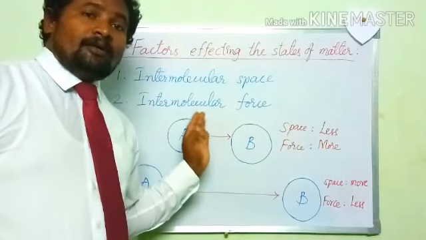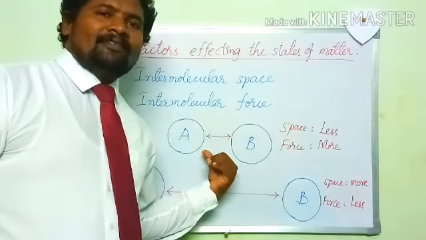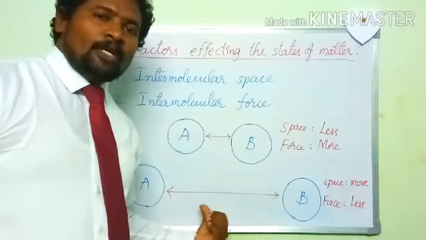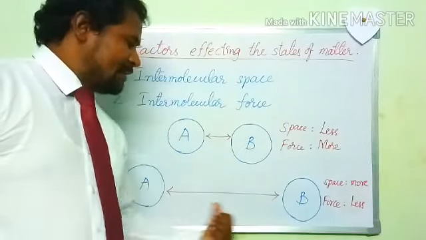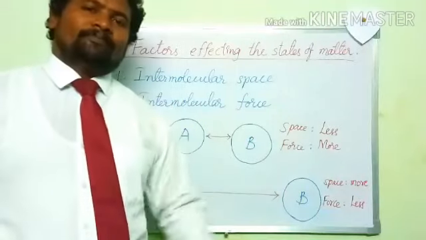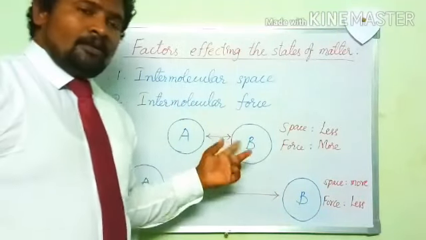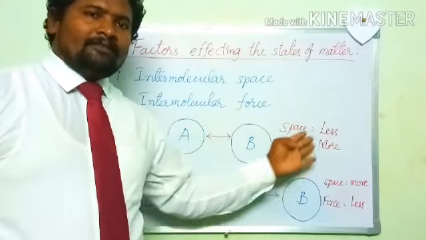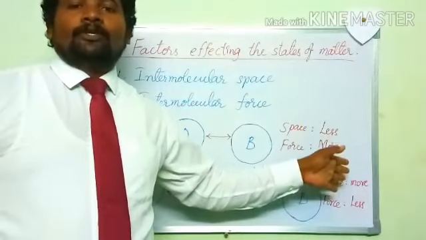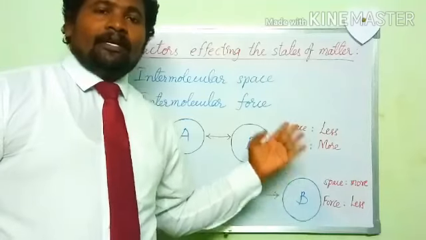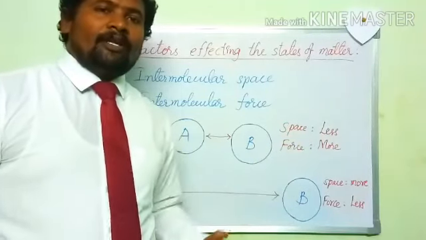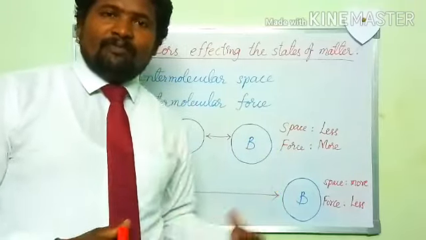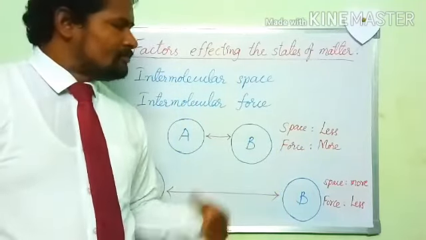See, the distance between these particles A and B is very small. Down, the distance between two particles A and B is maximum. So using this distance, we can see these two properties, intermolecular space and intermolecular force, and how both show their effect in between these atoms.